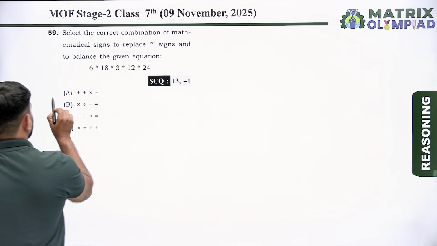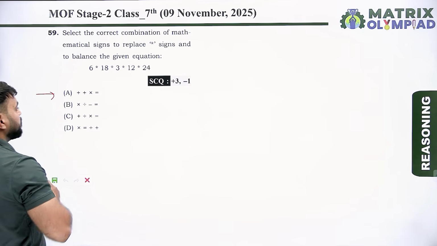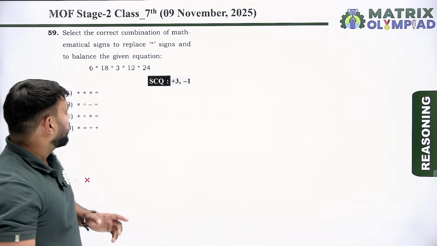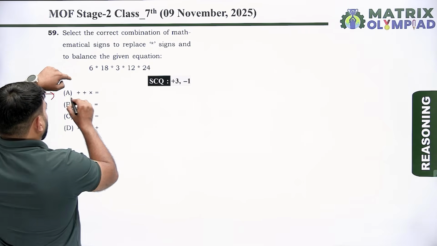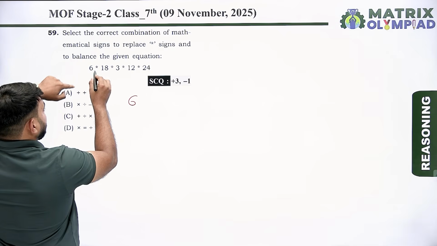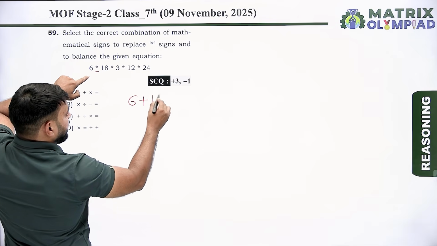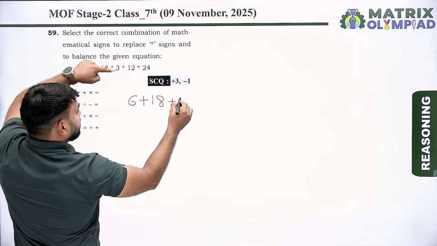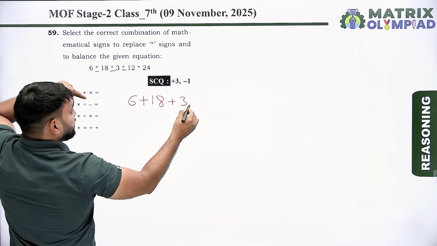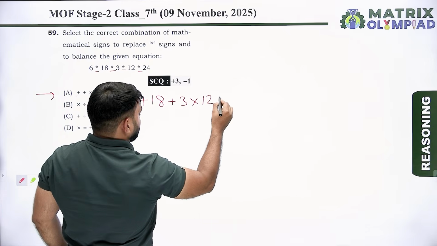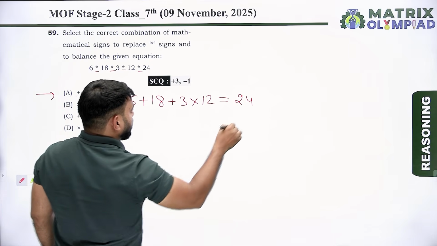So in this question, options are taken one by one and then we check which one will follow correctly. So according to option A, 6 first asterisk means plus 18, second asterisk means again plus, third asterisk means multiply by 12. Now fourth asterisk means is equal to 24.